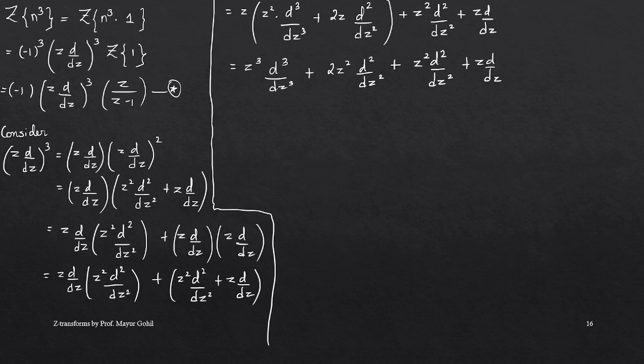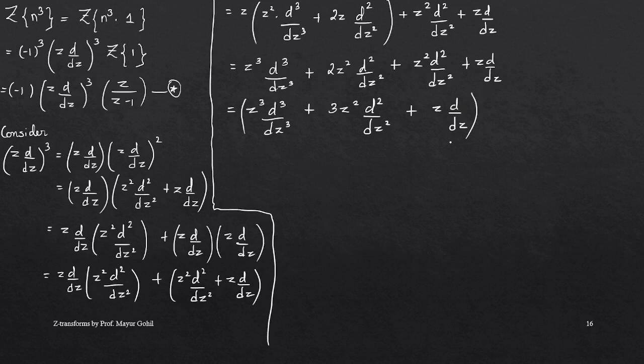This is the way the operator works. So z³ d³/dz³ plus 3z² d²/dz² plus z d/dz. We have got the value for the operator.